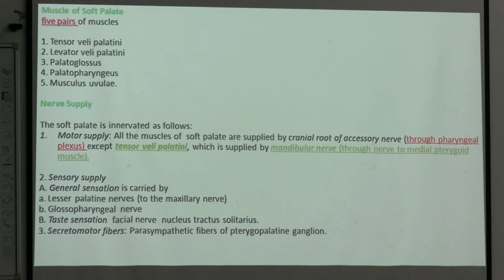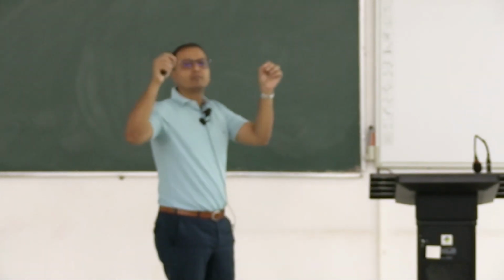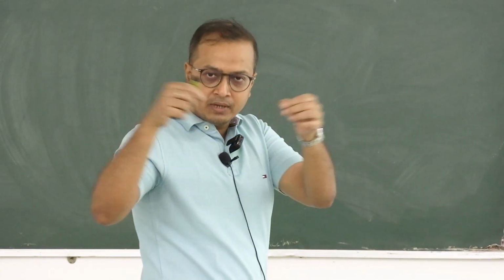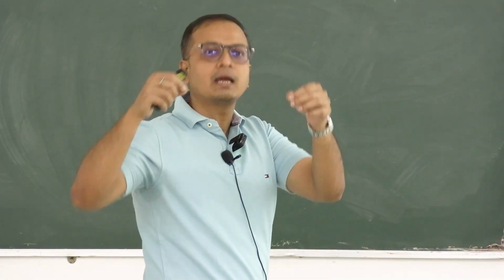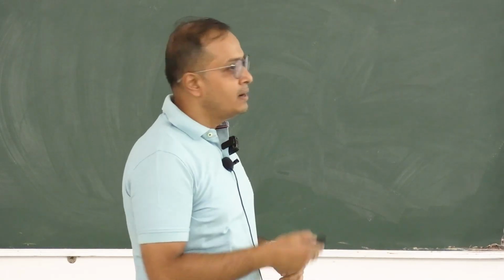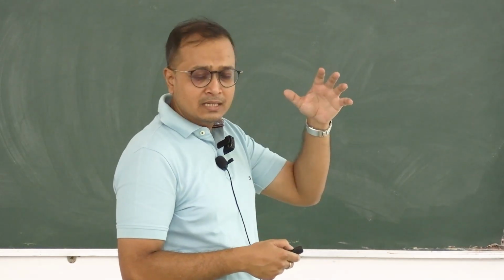These muscles contract when you are swallowing. When you swallow, the soft palate, which was hanging down, contracts, becomes tense, and moves back, guarding the opening between the mouth cavity and the nasal cavity.